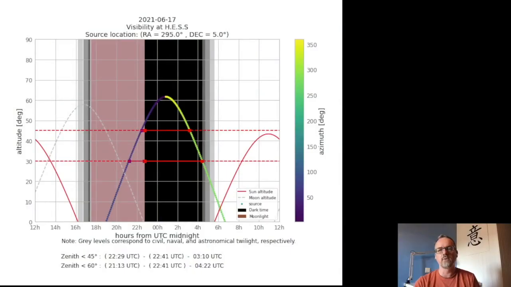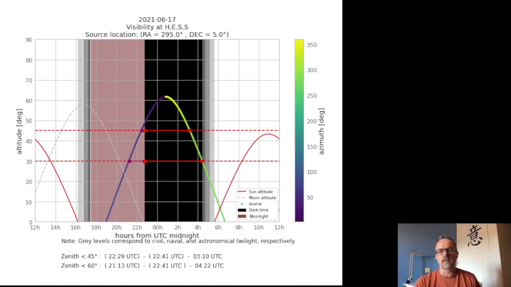Coming to a few corner cases, one of them is when parts of your observing window is influenced by moonlight, but the moonlight is not so strong that it would prevent you observing altogether. So we indicated here by this dedicated color.